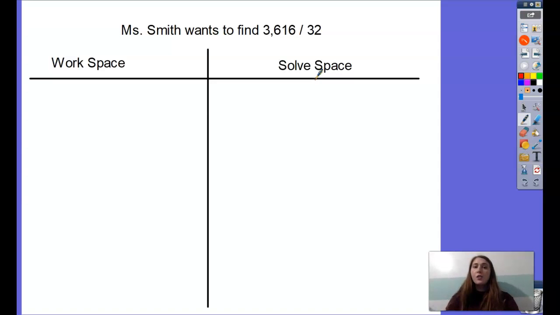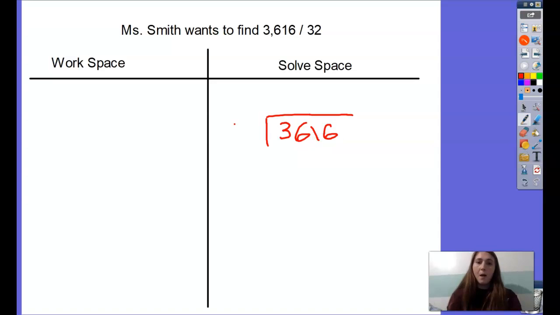So, our solve space, what we're solving for is 3,616 divided by 32. So, we cannot be lazy. We need to show our work to make sure that we are starting in the right place. So, our first step is to look and see the largest place value for our quotient.